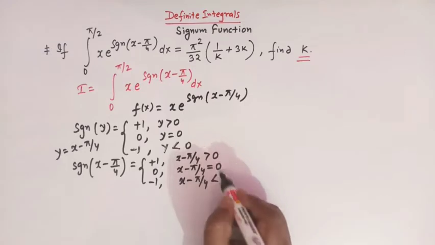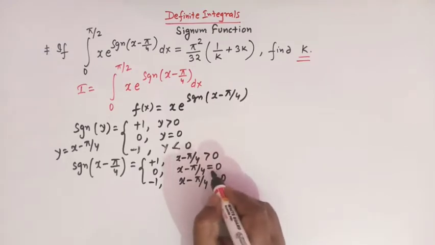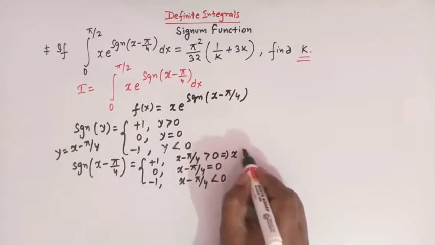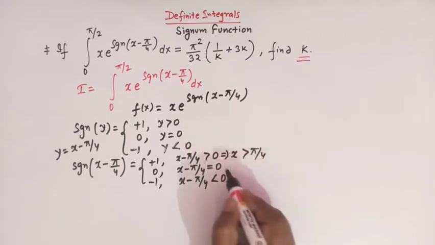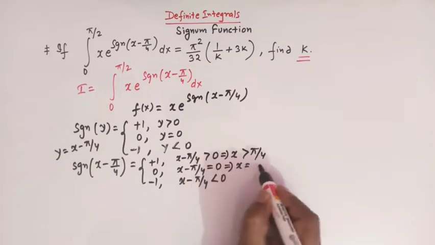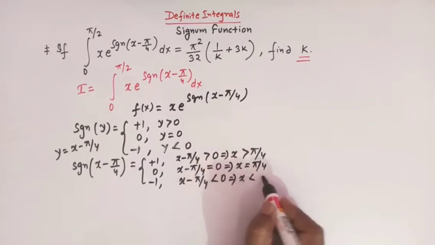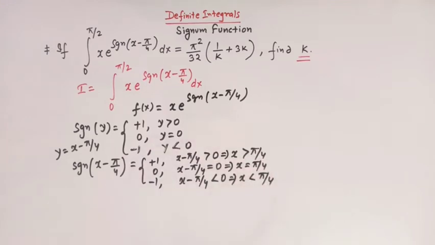Now here we have these two inequalities, and this is the equation. So here we have x greater than pi by 4, and here x is equal to pi by 4, and here x is less than pi by 4, right?